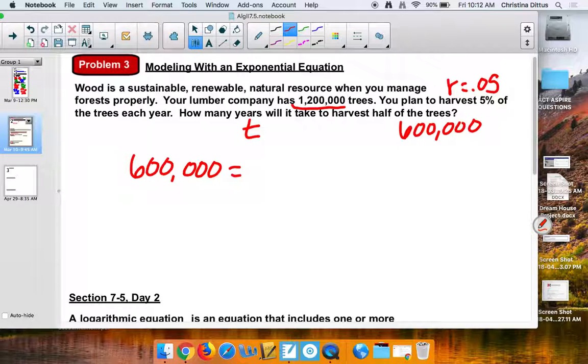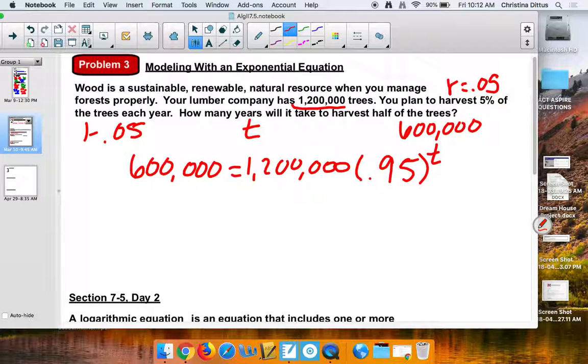What's my initial amount? 1,200,000. Okay, is it a growth or decay function? Decay. So I take 1 minus my rate, which is what? 0.95.